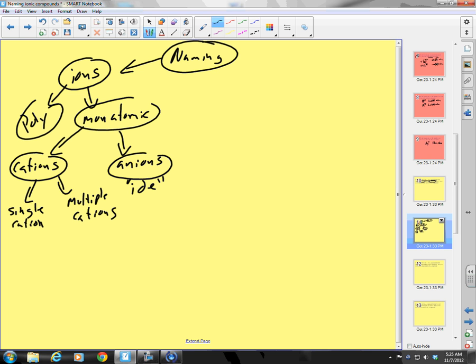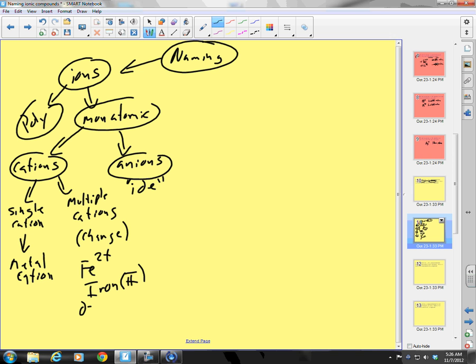And with the single cation, it's pretty simple. You just say the metal name and the word cation, like magnesium cation. With multiple cations, we have to put the charge in parentheses, in Roman numerals. So if I have Fe2+, I have to write that out as iron(II). And which are these multiple cations?